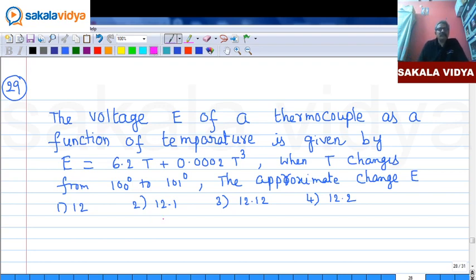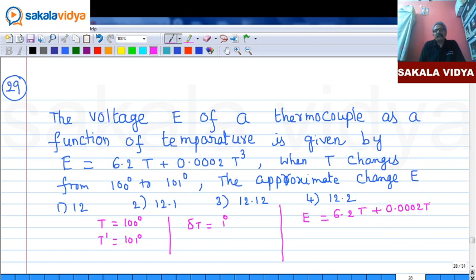What is given: the initial temperature T is 100 degrees, final T dash is 101 degrees, error delta T is equal to 1 degree, and E is given as 6.2 T plus 0.0002 T cube. So find the differential delta E by delta T.